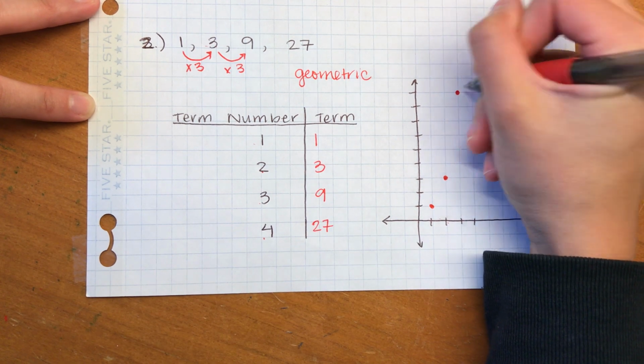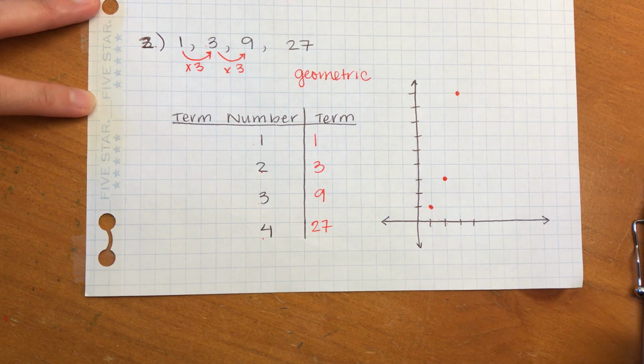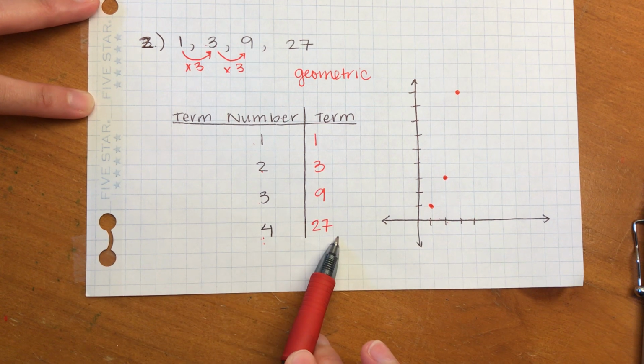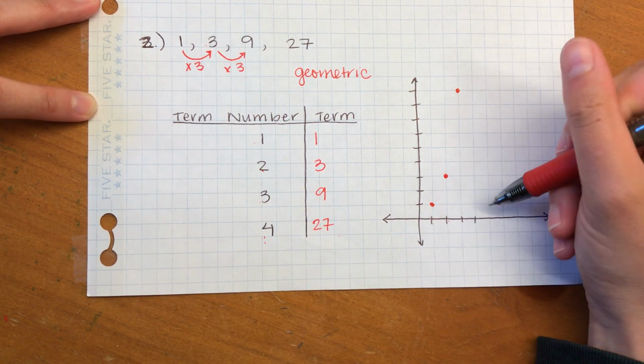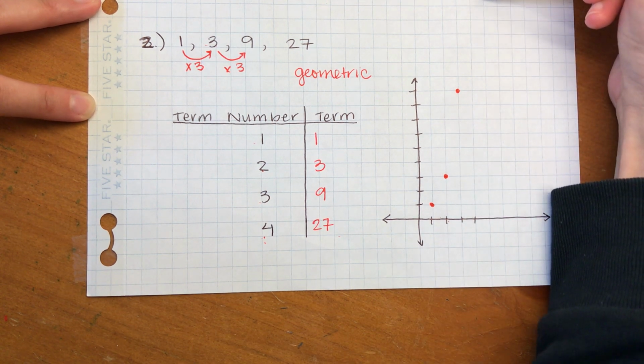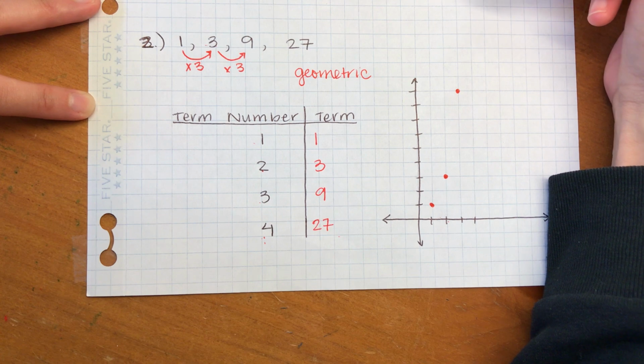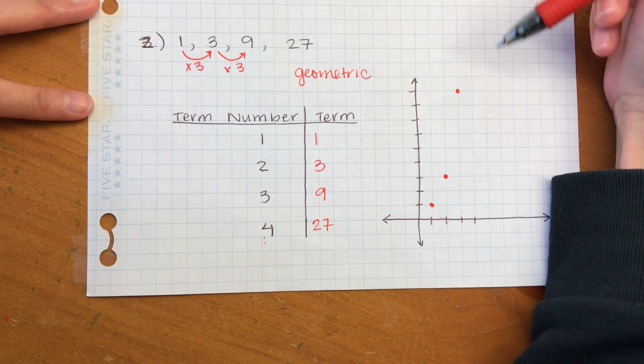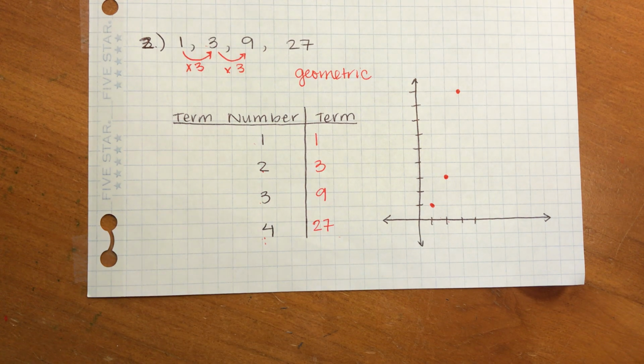All the way up 9. Now, I don't think I'm going to be able to fit 4, 27 on my graph, but we would know we would go 4 over and then up 27. So I'm off the page. I'm up really high. So I want you to think about what these graphs look like to you as you're doing this on your own. If you need to, rewatch the video for other examples, or to watch these examples again.